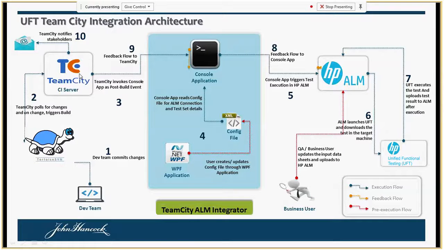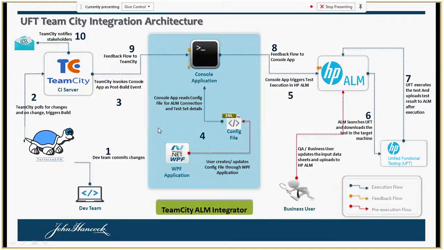In this architecture, once the dev team checks in, TeamCity invokes HPALM, and then HPALM invokes the UFT scripts, where the QA or the business user provides the inputs and the outputs to expect for the provided input, and they can also configure what steps to validate in a driver Excel.